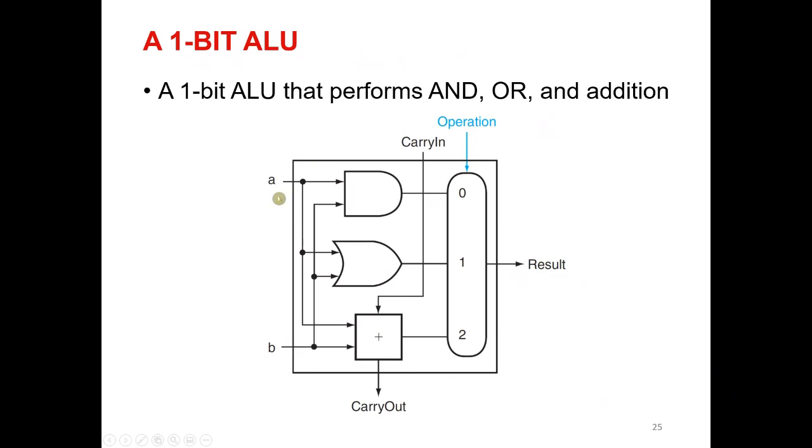And how do we select in this arithmetic logic unit if we want to do an AND, an OR, or an addition? For that, we are using a multiplexor. Notice that here I'm using decimal values to refer to the selector, to the operation.